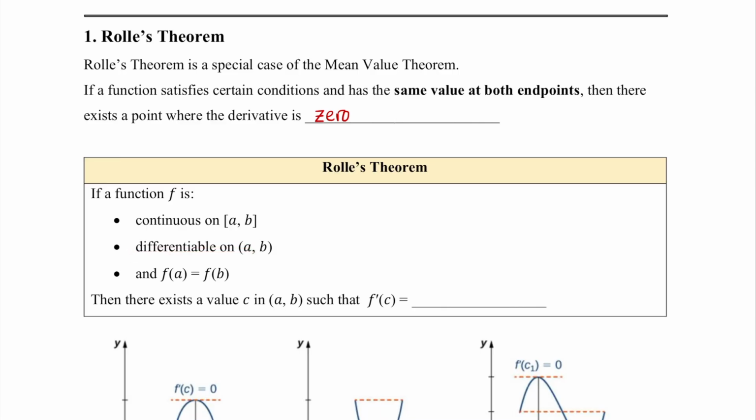And third, the function has the same values at both endpoints, which is f of A equals f of B. If all three of these are true, then we can guarantee there is some number C in between A and B such that the derivative at that point is zero.